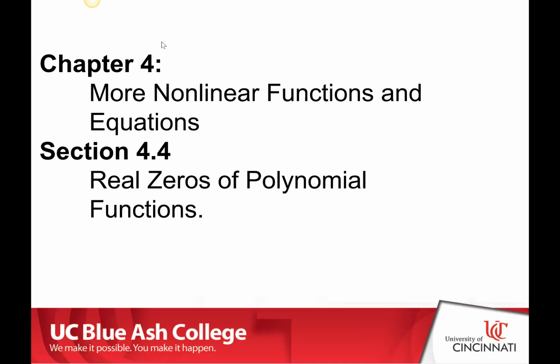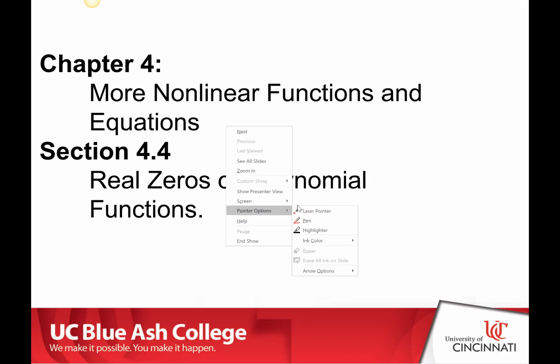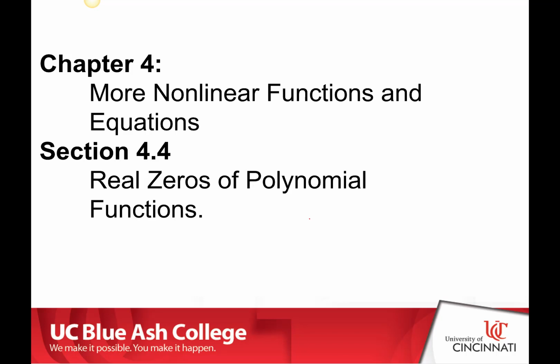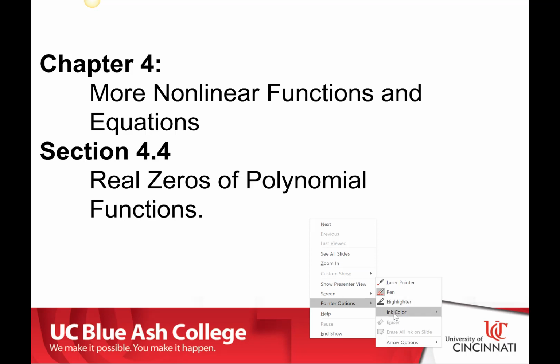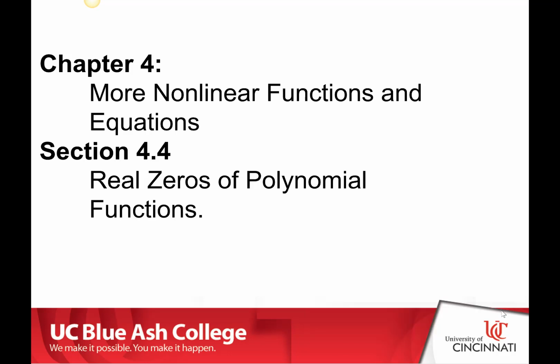Now, one of the things to be mindful of is what does it mean to be a zero of a polynomial? That's a place where if you take that number and you plug it in, the polynomial has a value of 0. So for example, one polynomial might be something like x squared minus 16.